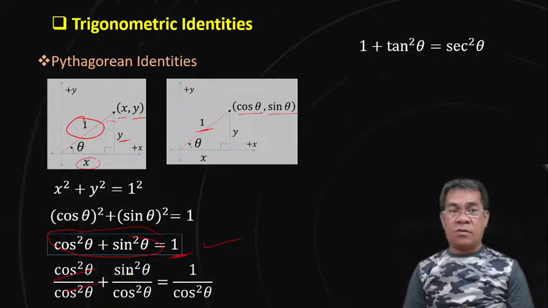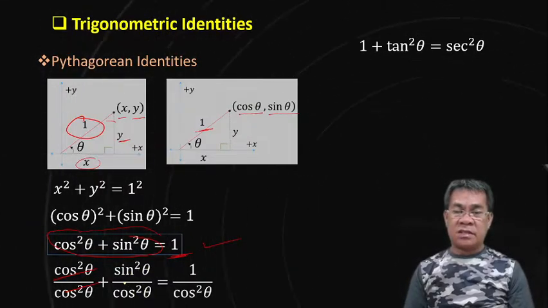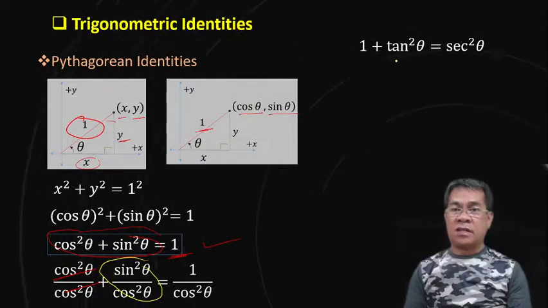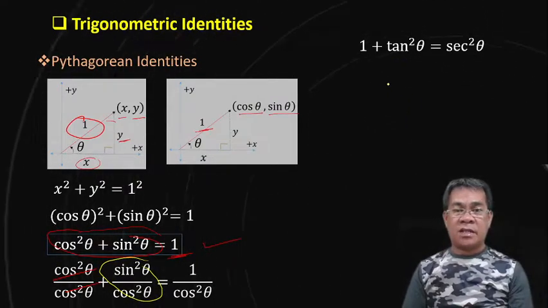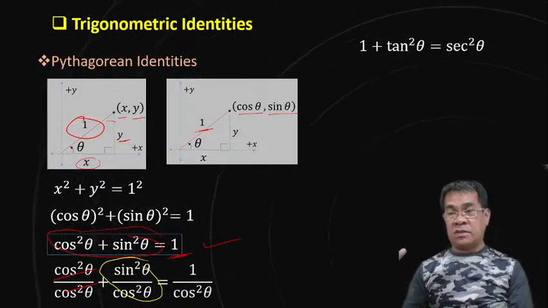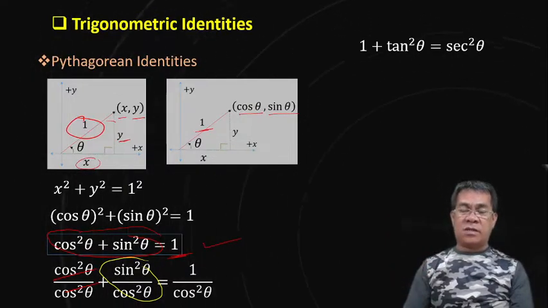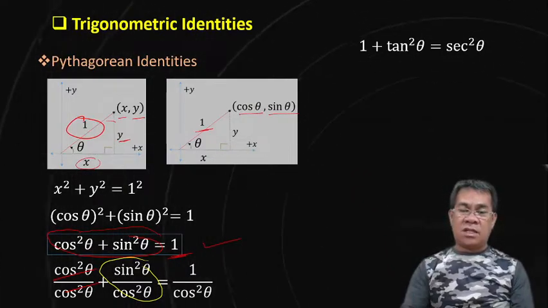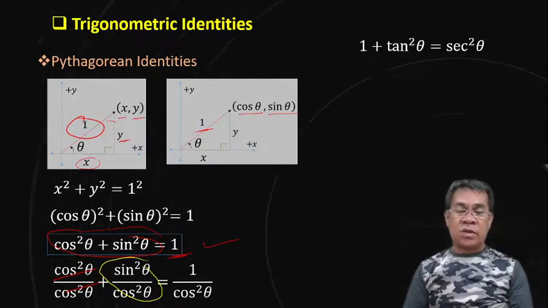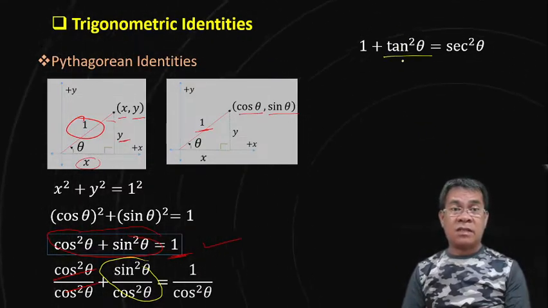Okay, so then what is sine square theta over cosine square theta? This value is just equal to the tangent. Take note in our previous fundamental identity that the sine theta over cosine theta is just equal to the tangent of theta. So therefore, the sine square of the angle theta divided by the cosine square of the angle theta is just equal to the tangent square of the angle theta.